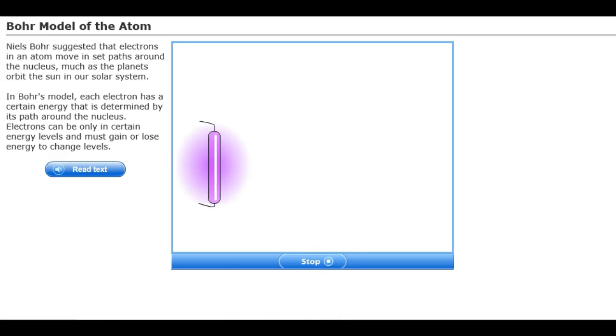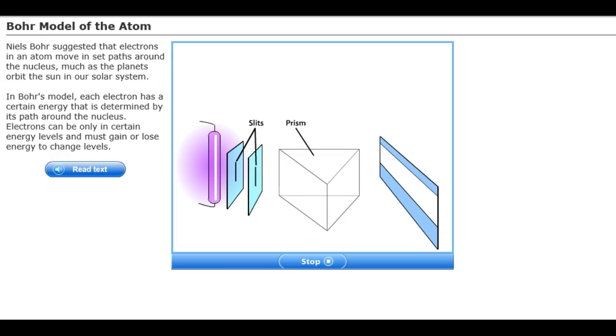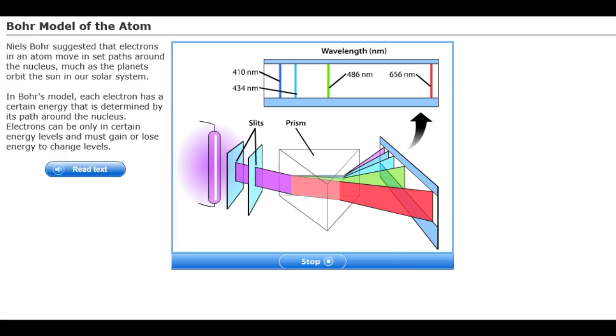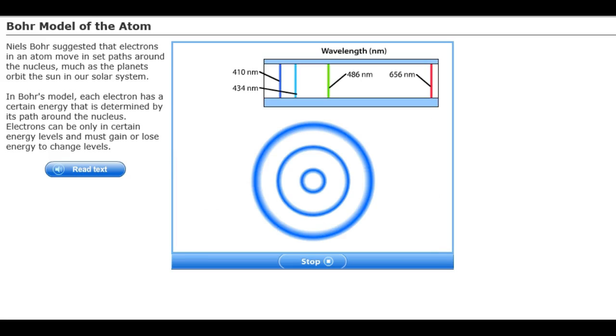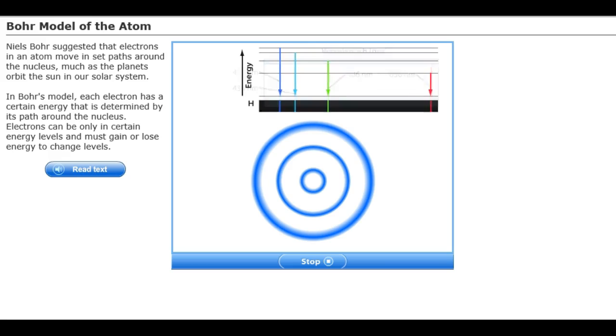In the late 19th century, scientists observed that a characteristic lavender light was produced when a high-voltage electric current was passed through hydrogen gas. When the lavender light was sent through a narrow slit, then through a prism, it separated into distinct lines of different colors. In 1913, the Danish physicist Niels Bohr proposed a model of the hydrogen atom that explained atomic spectra. The Bohr model introduced the idea of quantized energy states for electrons in atoms. In the Bohr model, the electron moves in circular orbits about the nucleus. According to the model, the electron can circle the nucleus only in allowed paths or orbits.